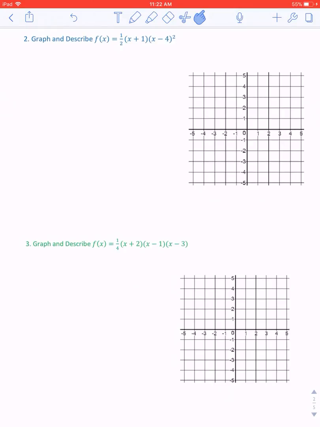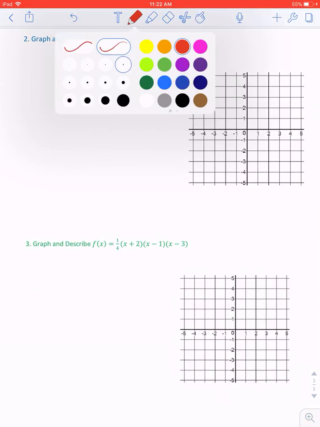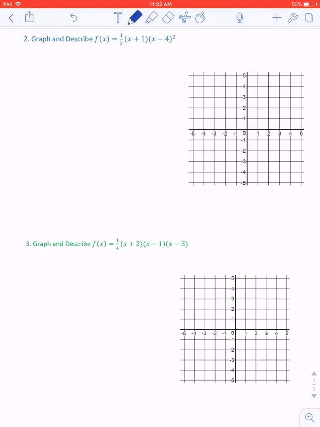All right, let's try number 2. Graph and describe. Okay, so this is what we're given. So what about that can we use to try to graph? Your factors, all right? So let's write out our factors. So we have x plus 1.